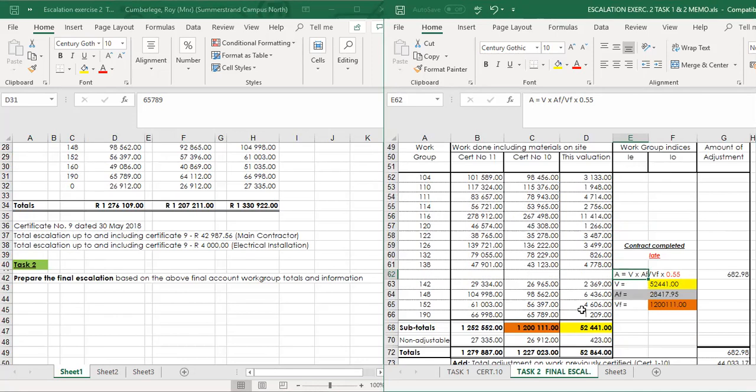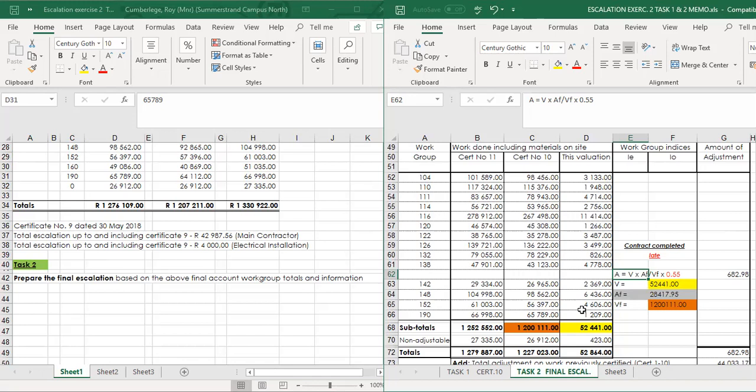But we take each and every work group, we take the value for the work group and we escalate it from day one right up till practical completion for all the work groups, and that will give you a theoretical amount. It is not escalation. The VF is the amount that was subject to escalation at practical completion.